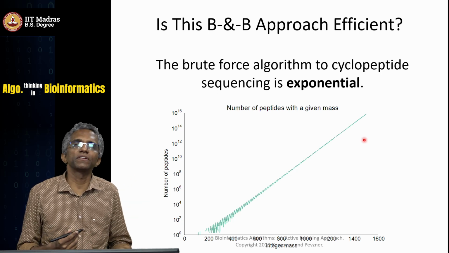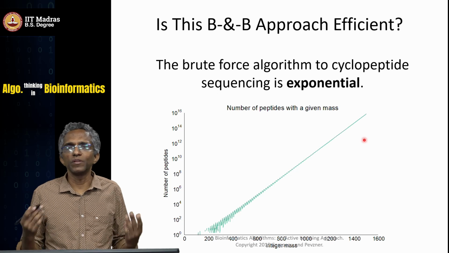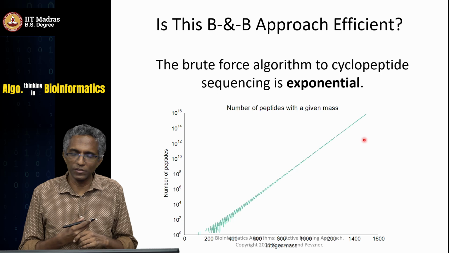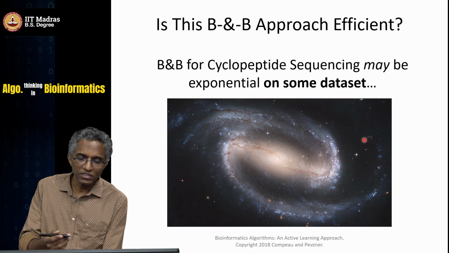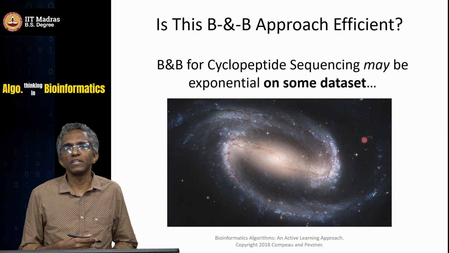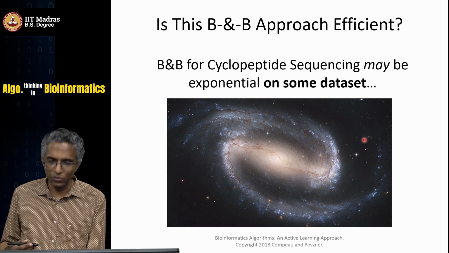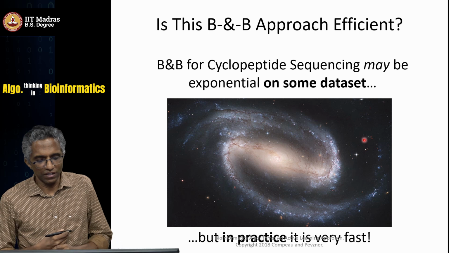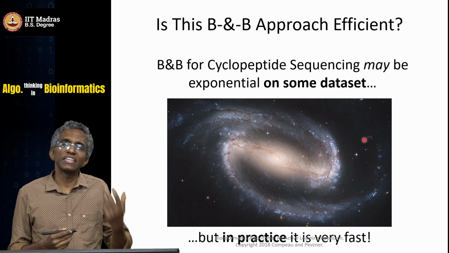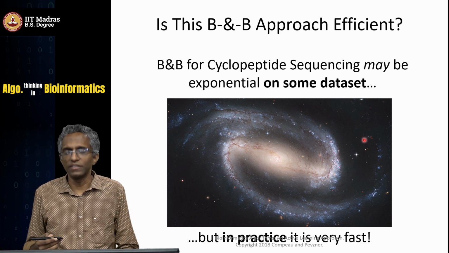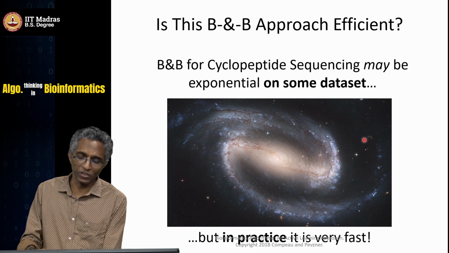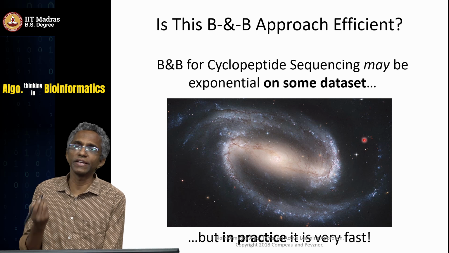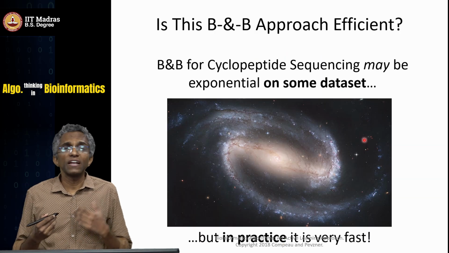The algorithm will still process an exponential number of these 3-mers and 4-mers and so on before it can figure out the full length peptide. That will be the case in some data sets for certain masses. But in practice, this branch and bound heuristic runs quite efficiently. In the majority of cases where it has been tried, it's typically very fast, but it's by no means a proof. It's just an empirical observation, and there are definitely data sets where it will take exponential time, okay? So in practice it is very fast.